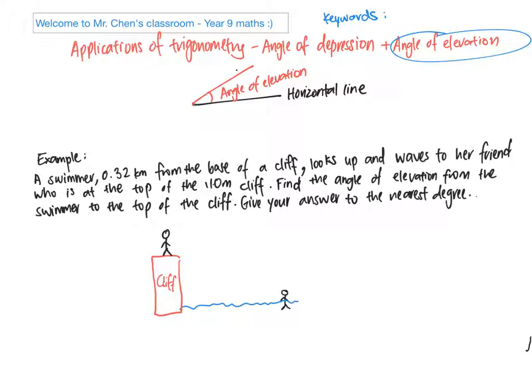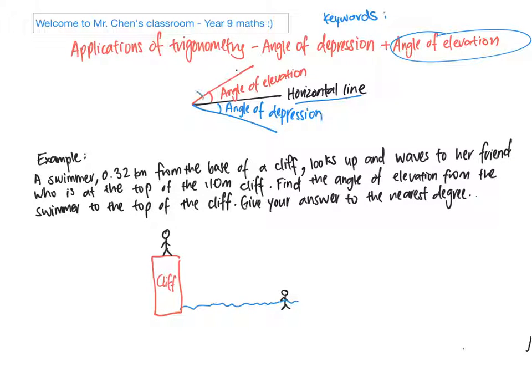On the other hand, the angle that is formed from the downward slope from the horizontal line is called angle of depression.